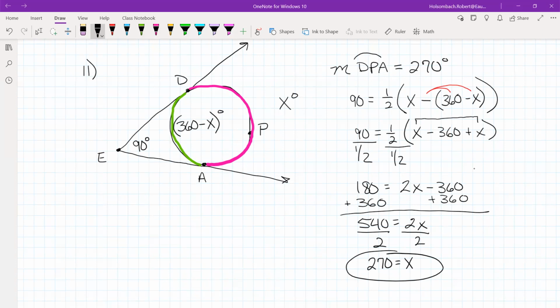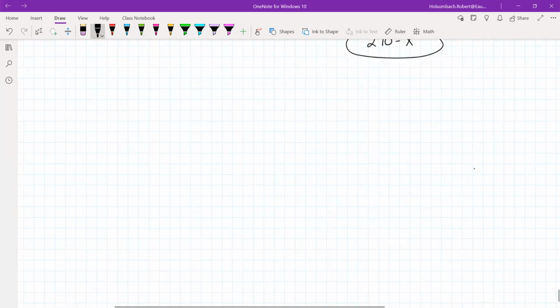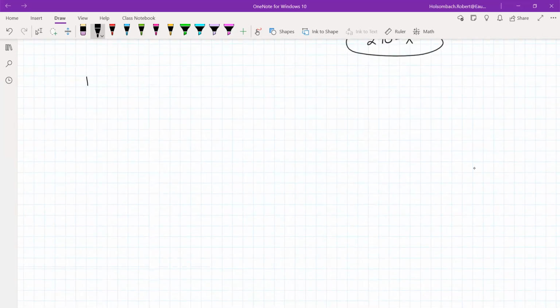All right, and then problem number 12, similar. Here's what we've got. We've got another circle. Shocking. We've got an angle K outside of this circle and two tangents.